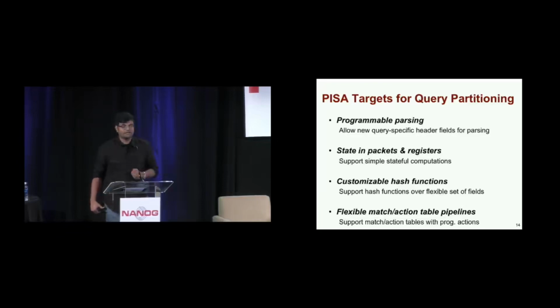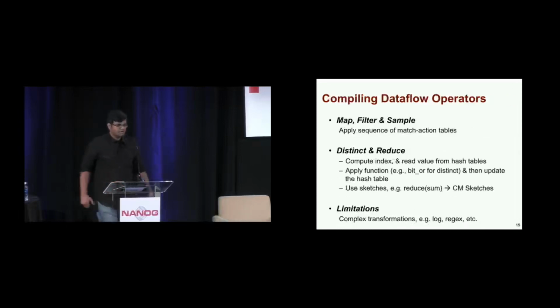Third are customizable hash functions, which support hash functions over a flexible set of fields that you can define programmatically. And finally, flexible match action tables, where you can define the order in which these match action tables are applied, and support match action tables with programmable actions. Using these kinds of hardware targets, it is now relatively straightforward to compile data flow operators in the data plane.